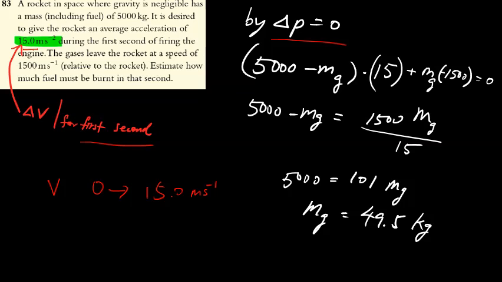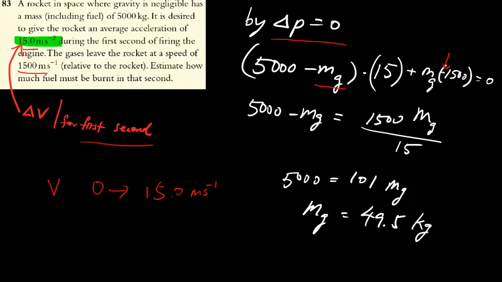Therefore you can see that the mass of the rocket after the explosion will be 5,000 minus the mass of the gas, I name it m subscript g over here, times 15, since this is the velocity after that second, it gained 15 meters per second, plus the mass of gas times negative 1500, since that's the speed they gain, and of course it's going backward, so you should expect a negative sign here so that the equation can be calculated correctly.